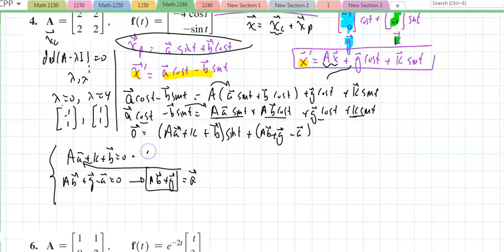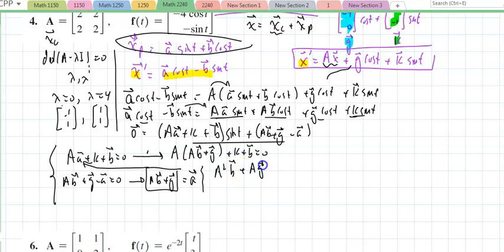That would be A times AB plus G, plus K plus B equals 0. That would be A squared B plus AG, I know both of those, plus K, I know that as well, plus B equals 0. If I get those two together, that's A squared minus I B.